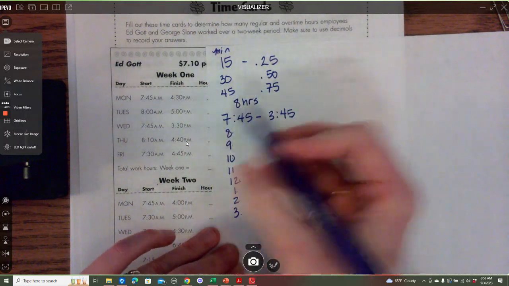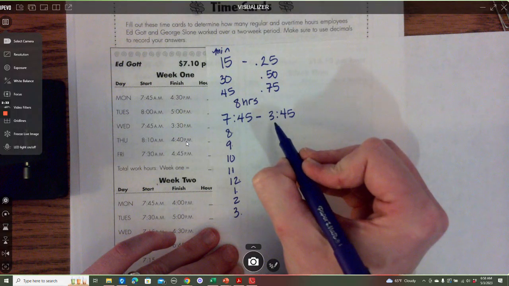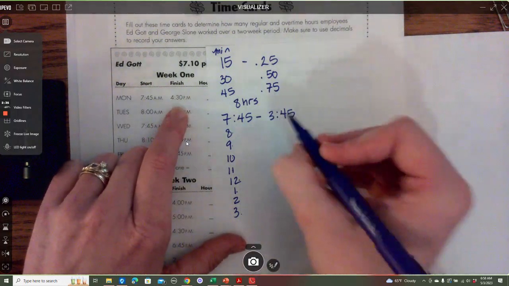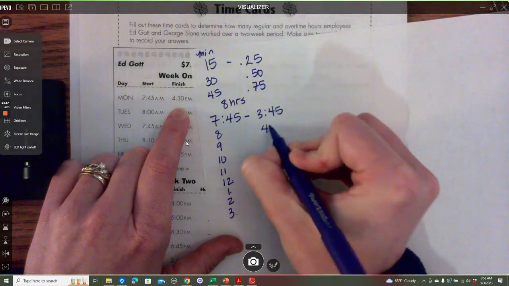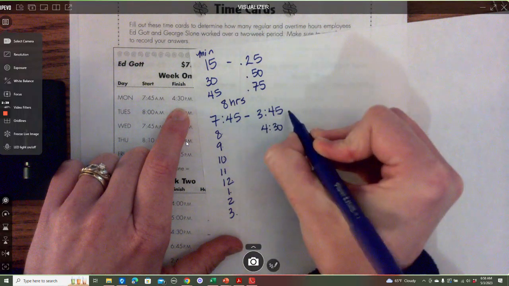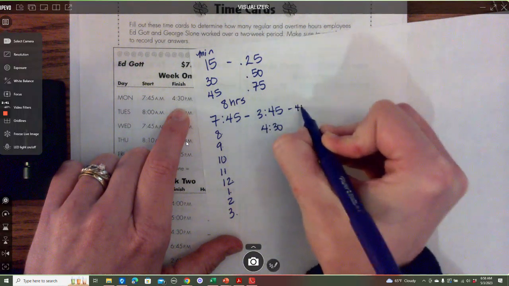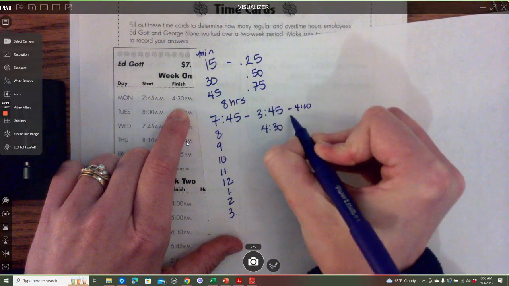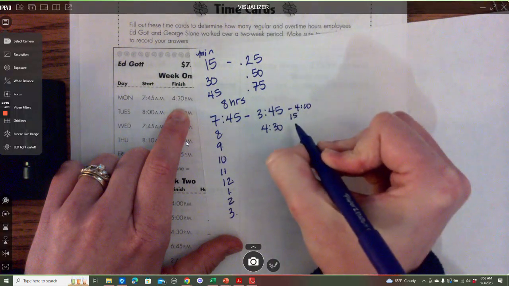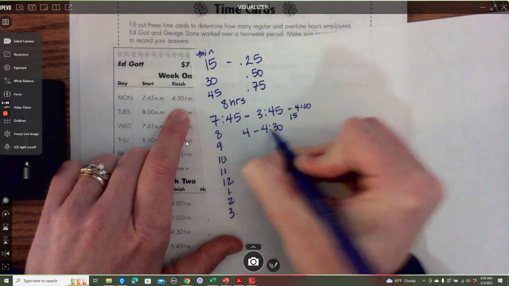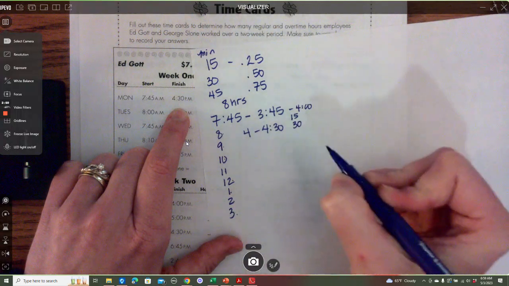And then we've got to go from 3:45 to 4:30. So 3:45 to 4 o'clock is 15 minutes, and then from 4 o'clock to 4:30 is 30 minutes.